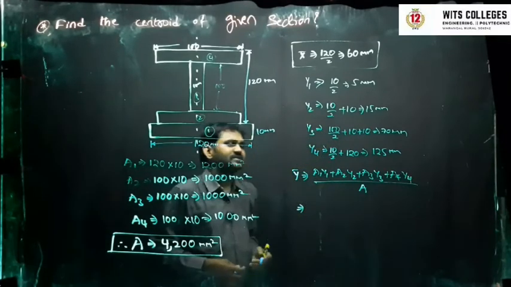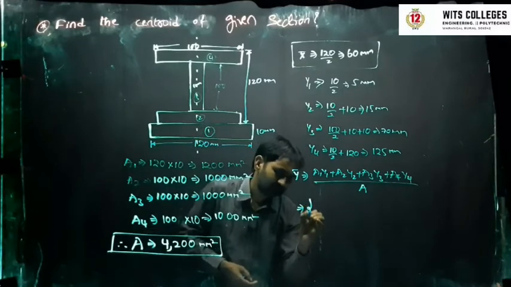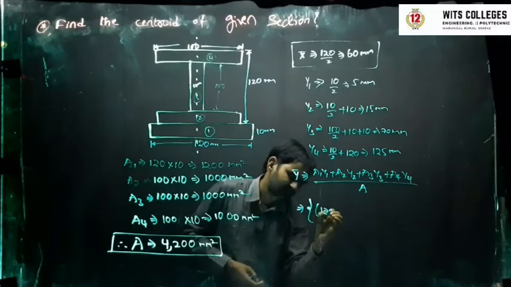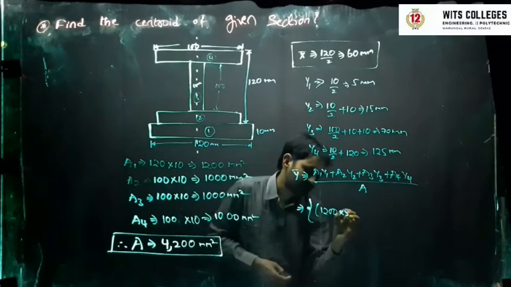Now let us substitute the values. What is the A1 value? It is 1200 into the y1 value, which is 5.